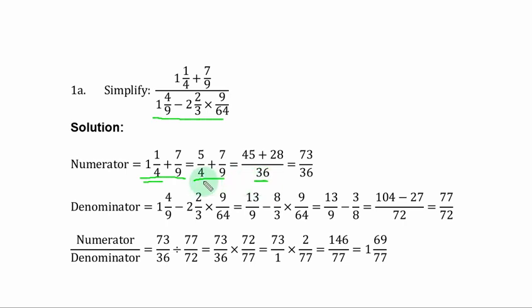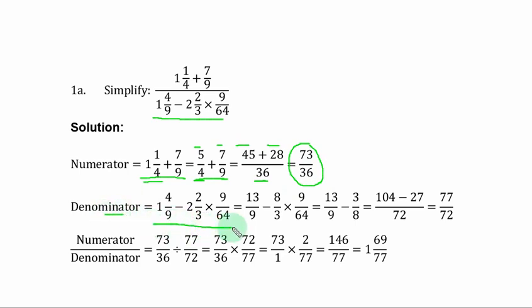So 36 divided by 4 is 9. 9 times 5, you have 45. Divide 36 by 9, you have 4. 4 times 7 is 28. When you add, you have 73/36 for the numerator.